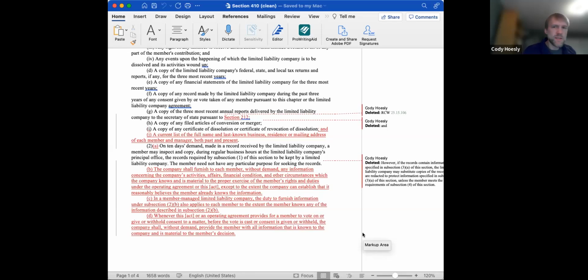But also, instead of using the ROLCA language, we had discussed having it say that the operating agreement may not vary the duties and rights under section 410 except as otherwise provided in that section. As we'll go through, this RCW based version of 410 talks about certain restrictions that you can put on the availability of information itself, so it doesn't need an additional call out in 105C8. I think so. That's the gist of where that is coming from.